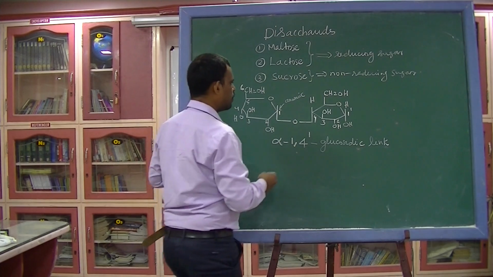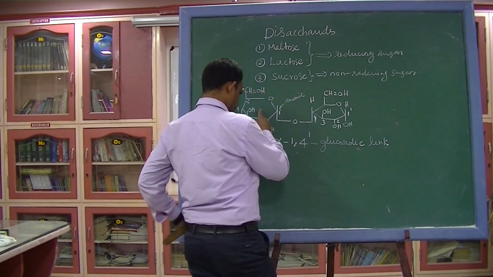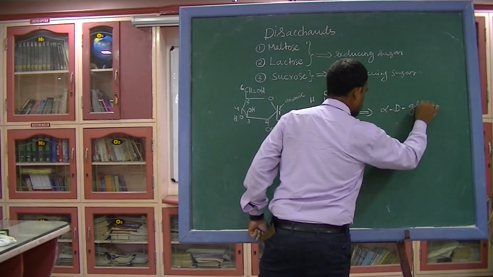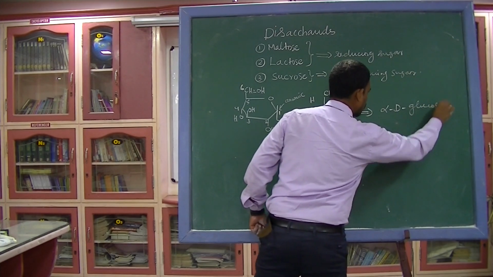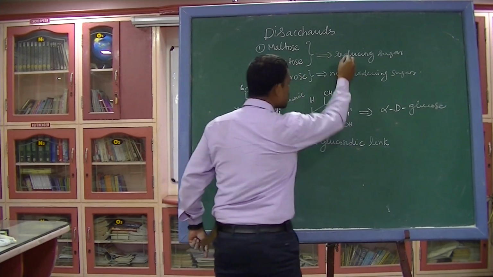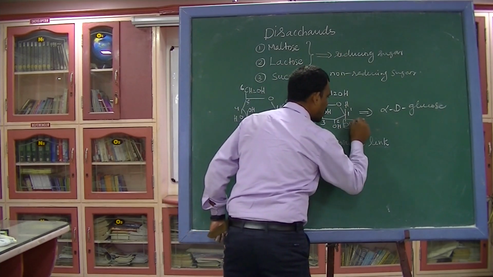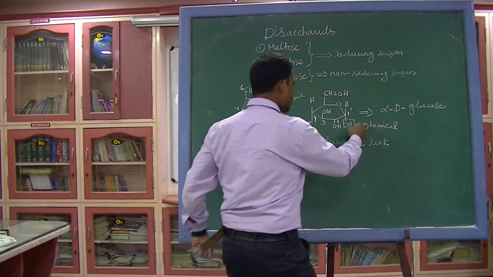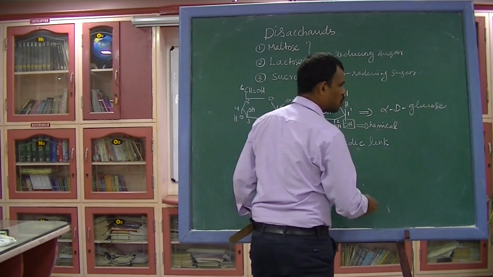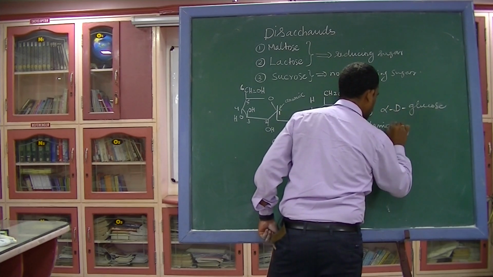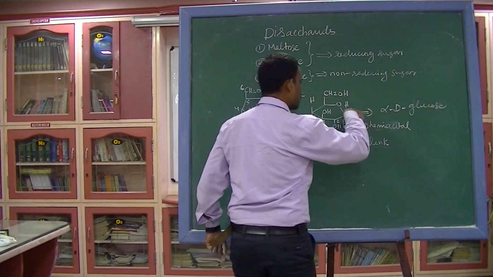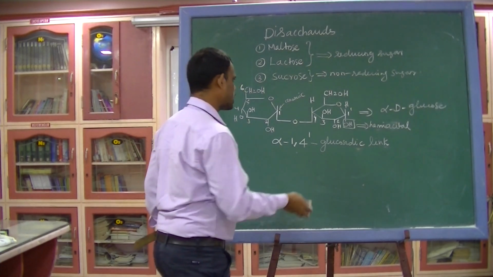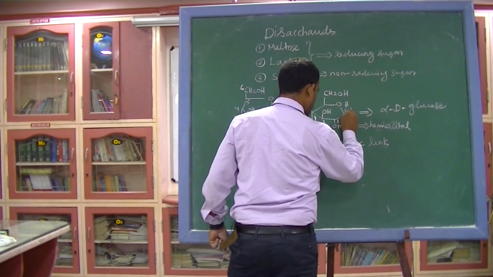So maltose is a disaccharide made of alpha D glucose units. It is a reducing sugar because you have a hemiacetal OH. The hemiacetal OH is in equilibrium with its open chain form, so it can further oxidize to the corresponding acid. That's why maltose is a reducing sugar.